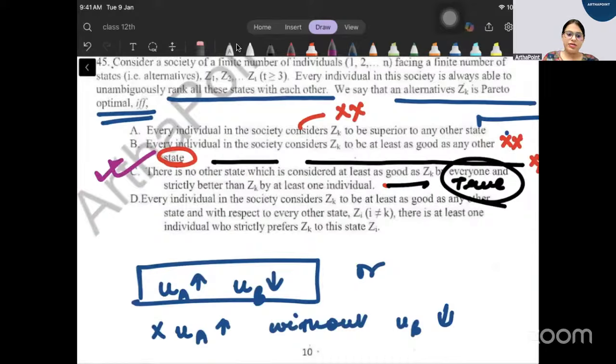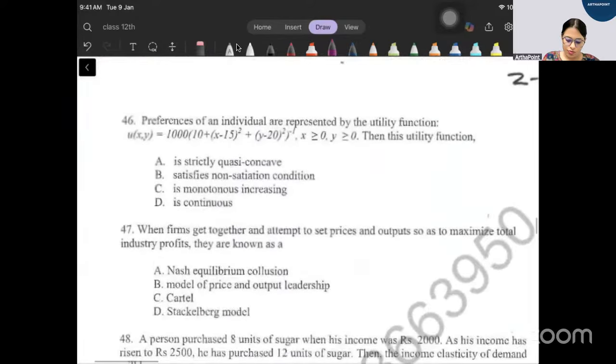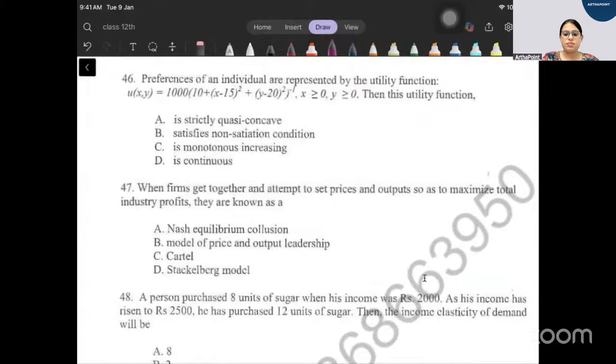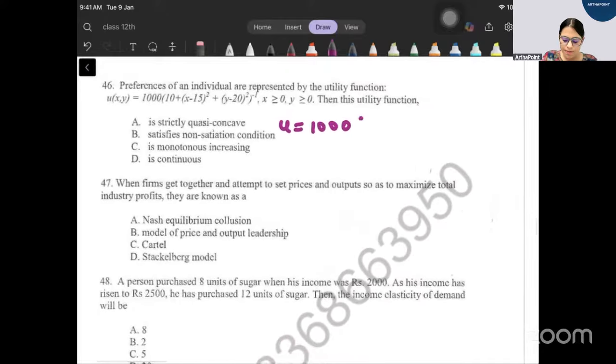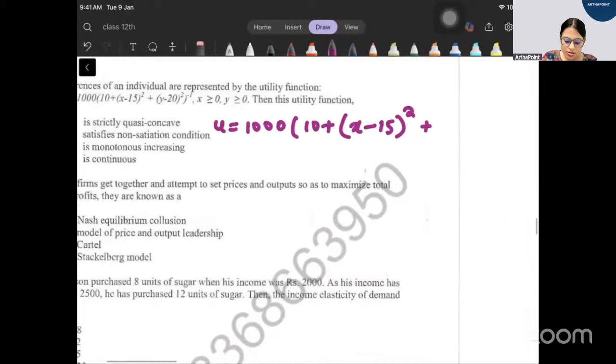Okay, alright, on to the next question. Question number 46. Utility function, I'm just writing it here again: 1000, 10 plus x minus 15 whole square plus y minus 20 whole square.